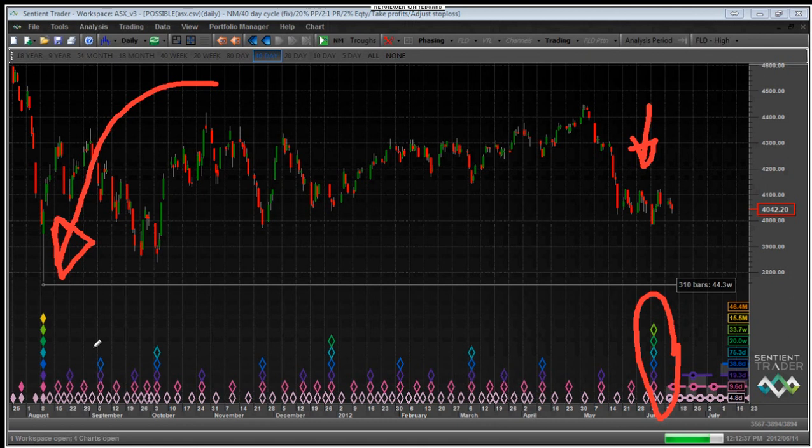If that trough in August was genuinely a trough of the 18-month cycle, then according to various of Hurst's principles, the 40-week cycle trough almost certainly did occur on Monday, the 4th of July. And as you can see, that cycle ended up being 44.3 weeks, so it was actually quite a long 40-week cycle.